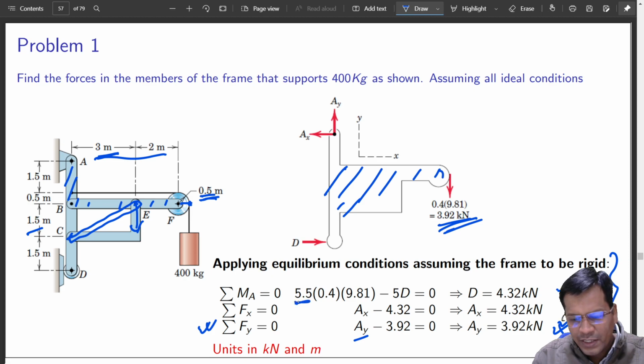We have considered 5.5 here. Okay, but in case of link, we are concerned about this link now. Link is from here to here. So whatever is the force that comes here, can we transfer it here? No.